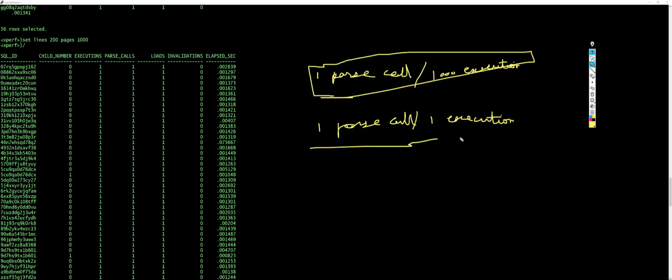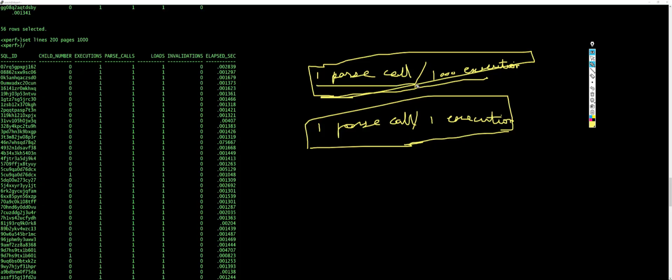If you see one parse call per execution, it is fine, but not completely bad, because in an Oracle database an application engineer cannot avoid this situation every time. It is not possible every time to get one parse call with multiple executions. This is 100% efficient.